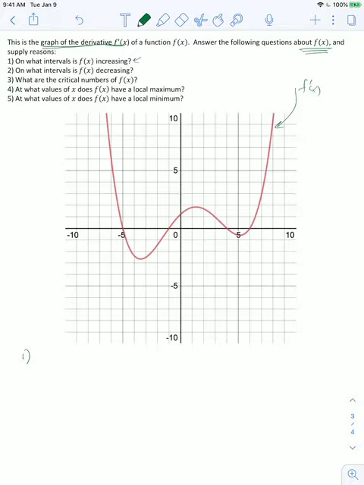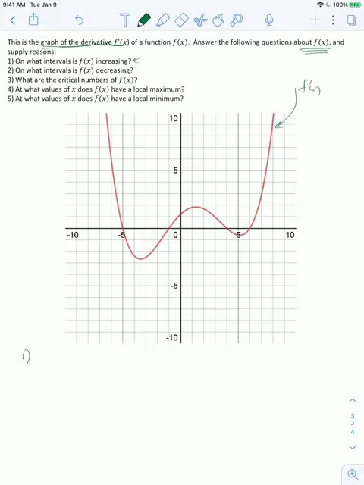From the previous video, from your reading of the text, we know that when the derivative is positive, the function is increasing. So what this question is really asking us to do is to look at this graph and answer, when is this graph taking on positive values?